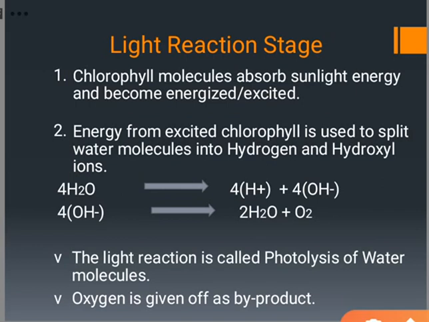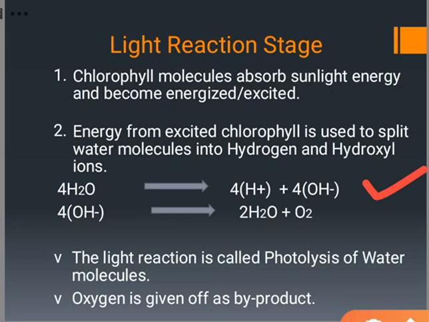And the chemical equation representing that is what is shown here. You can see 4 molecules of water being split into hydrogen ions and hydroxyl ions. You can see the H plus and the OH minus. The H plus is the hydrogen ion. The OH minus is the hydroxyl ion.